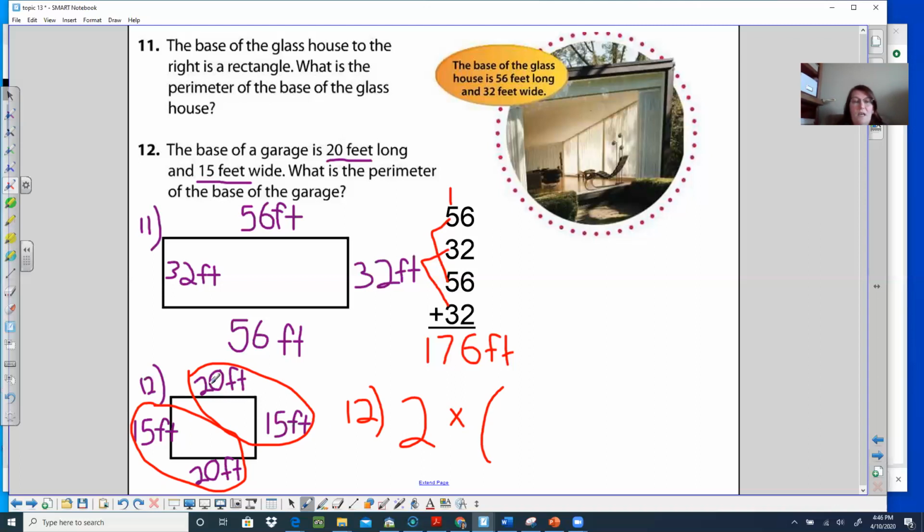Each set is 20 plus 15. Okay, 15 plus 20, 5 and 0 is 5. And 1 plus 2 is 3. So that's going to be the same as 2 times 35.